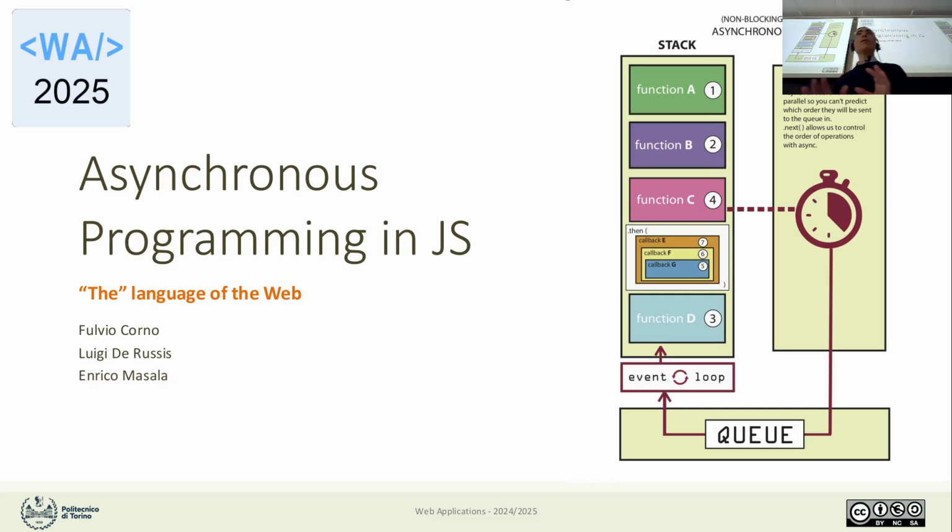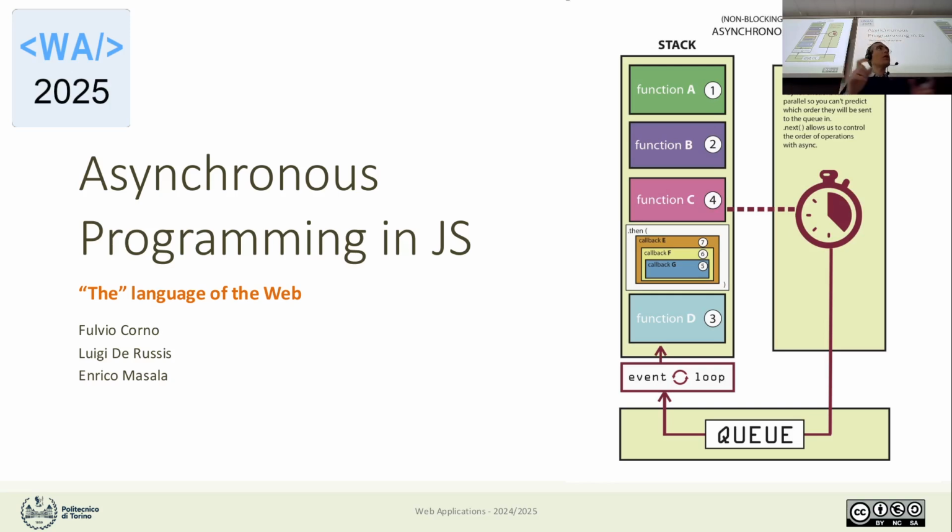Okay, this will take quite a lot of time because it's really one of the very peculiar things about JavaScript programming, and something that we will use a lot in this course. So we really need to understand it very, very well, okay?